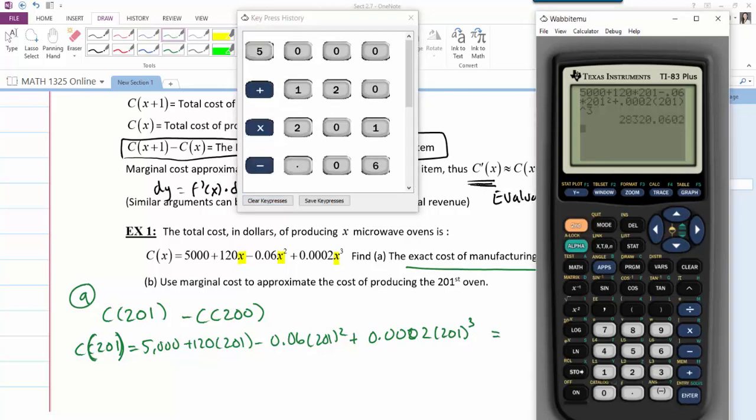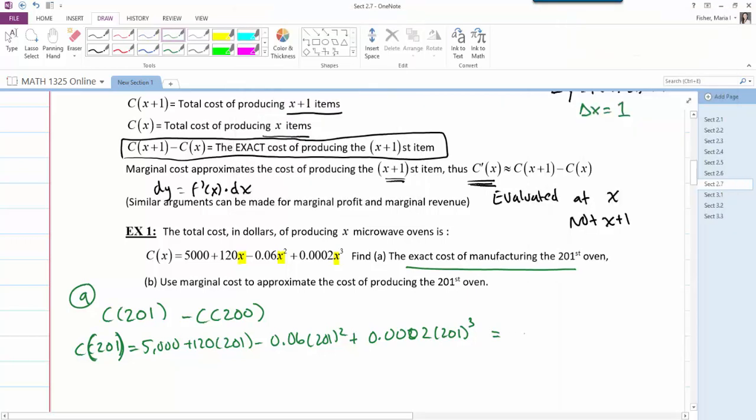You hit enter and you get $28,320.06. So it would be $28,320.06.